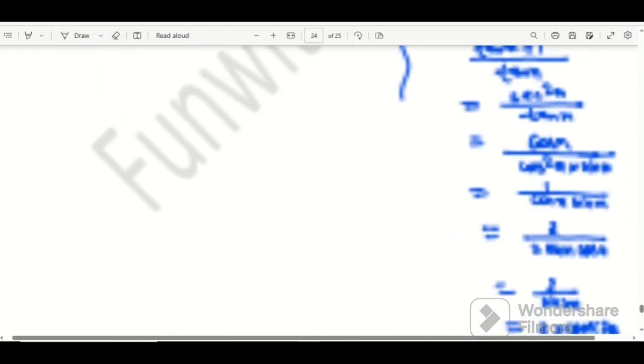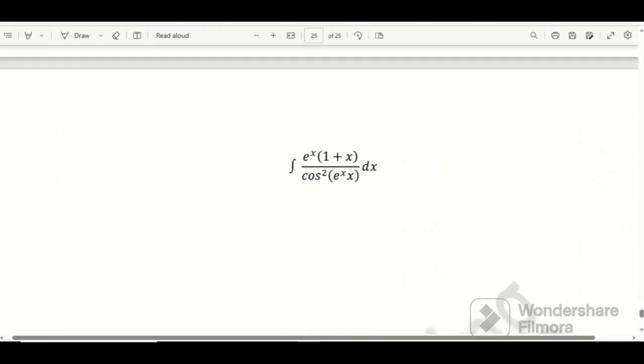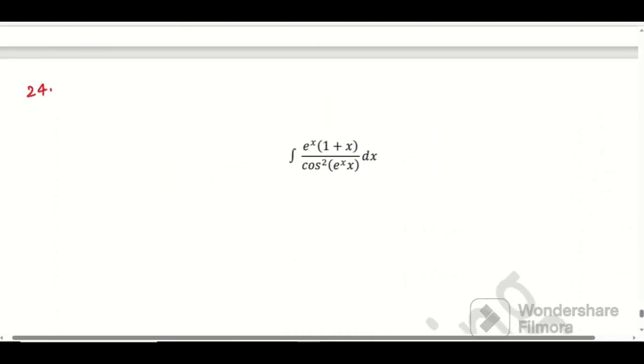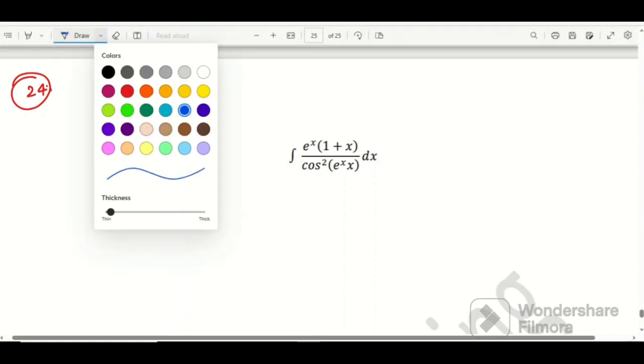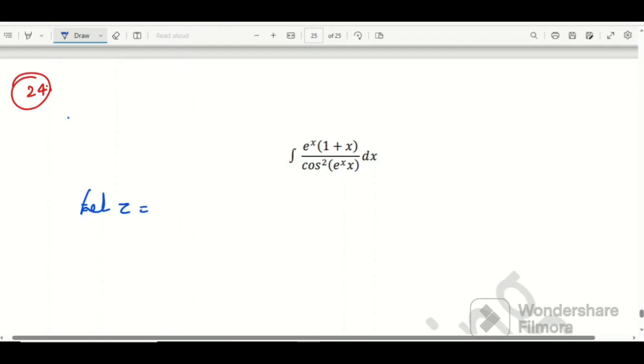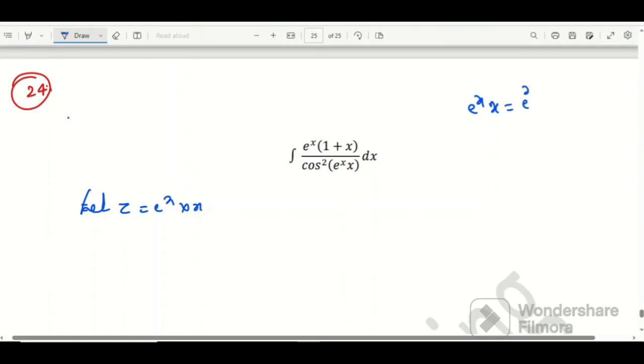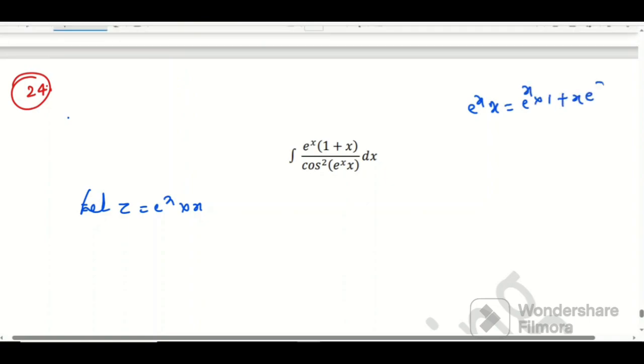Both are right. So now we are moving on to 24th number. Okay, so now we have this integration. We'll try to use the substitution method here, because if you observe carefully, we substitute z equal to e to the power x into x, because the differentiation of this thing with respect to x gives x plus 1 into e power x.